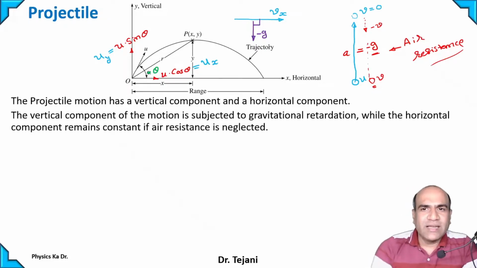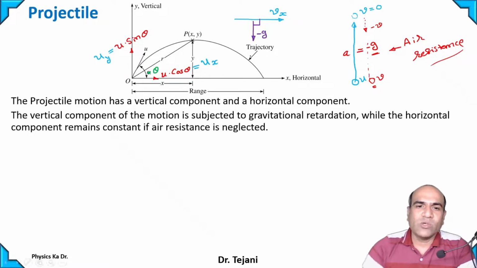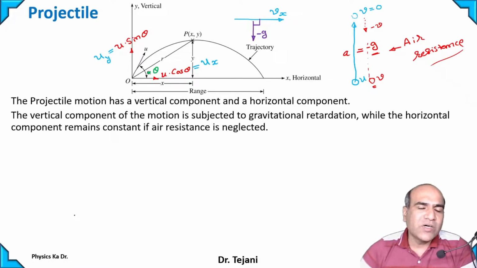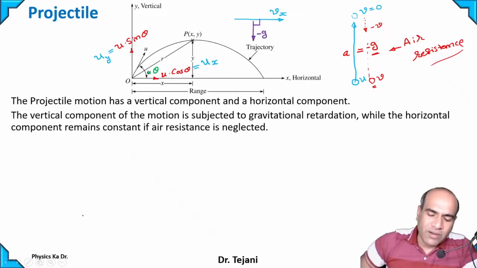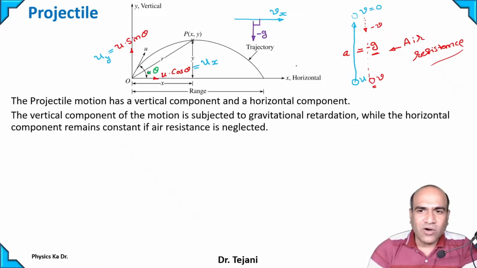Therefore gravity does not directly affect the horizontal movement, and the velocity remains constant in the horizontal movement of a projectile.